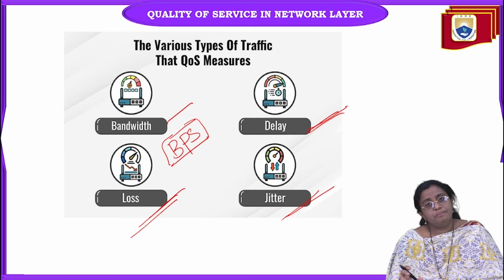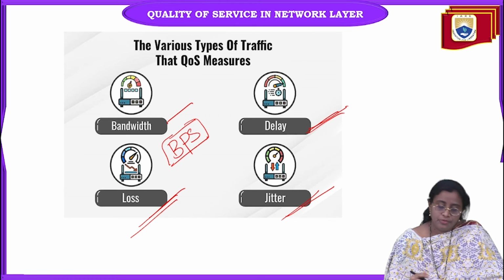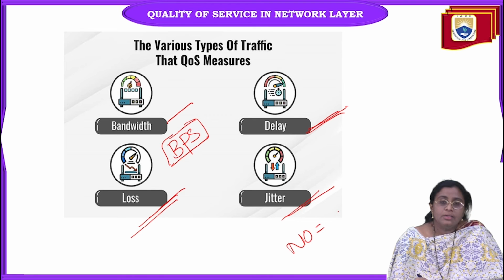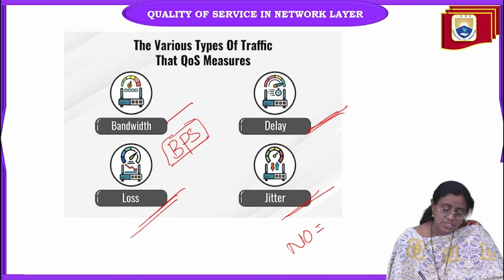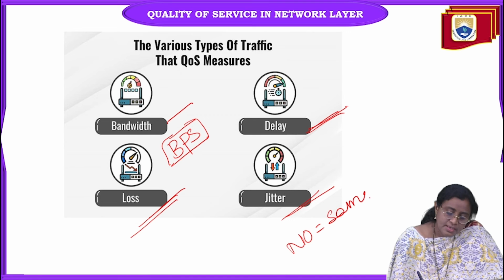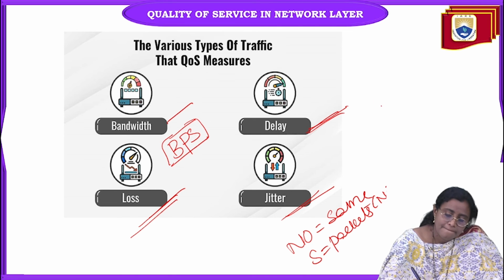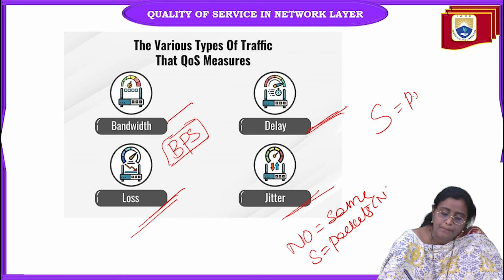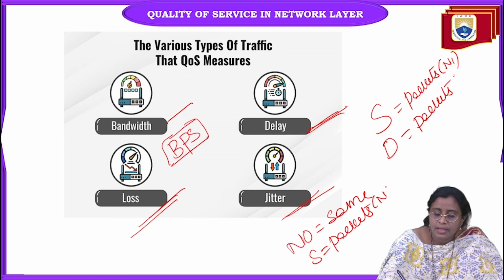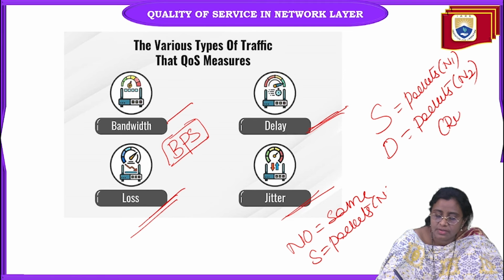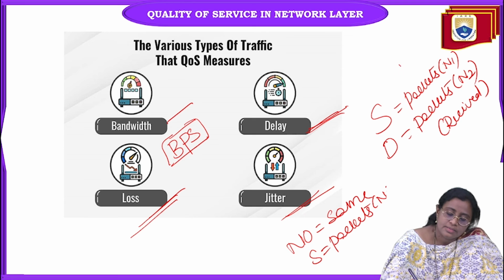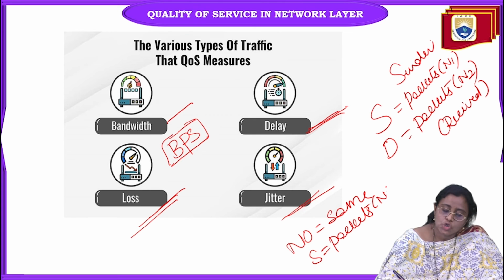That's the count of the number of packets while sending. The number of packets reaching the destination should be the same as the number sent. That means the number of packets sent at node 1 and the number of packets received at node 2 should be the same as the sender's.